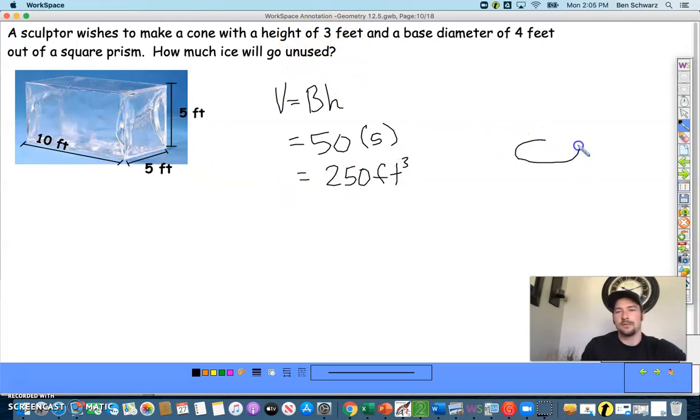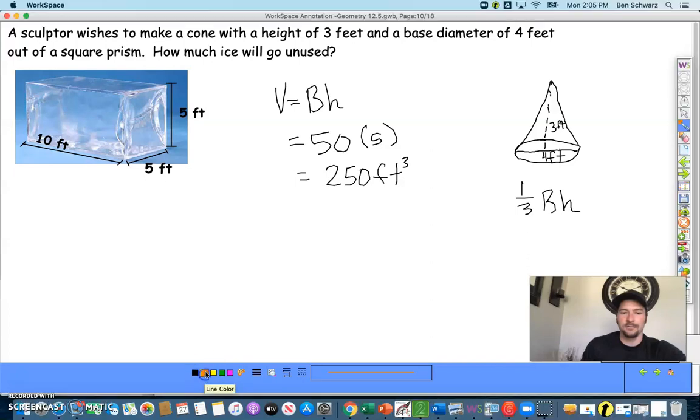We want to figure out what volume we have left after we take out this cone. And it's a cone that has a height of 3 feet. It's a sad looking cone, but you get the idea. So height of 3 feet. Diameter at the base is 4 feet. So volume of a cone is going to be 1/3 the area of the base times the height.